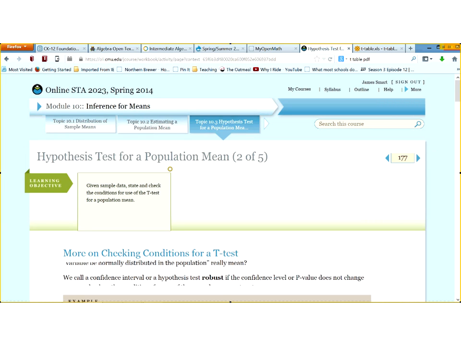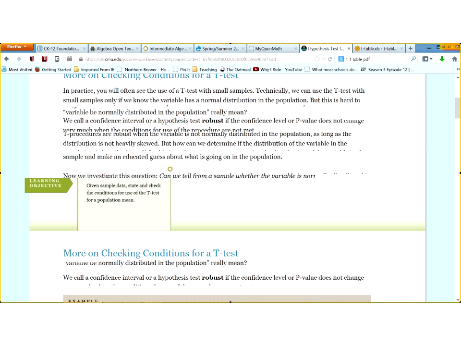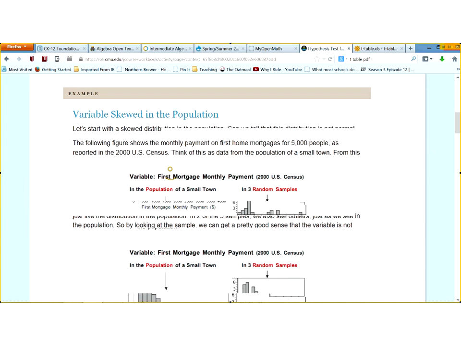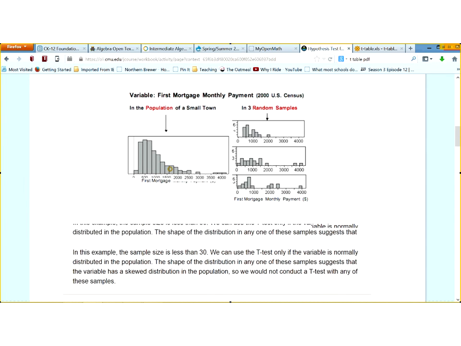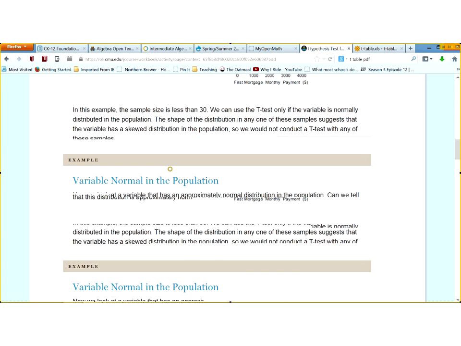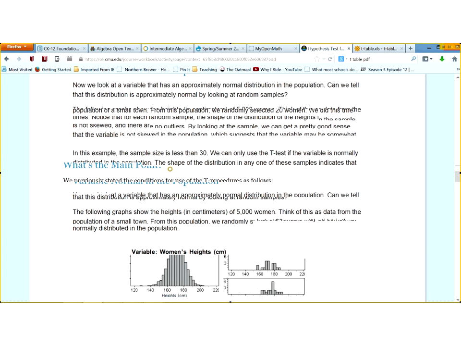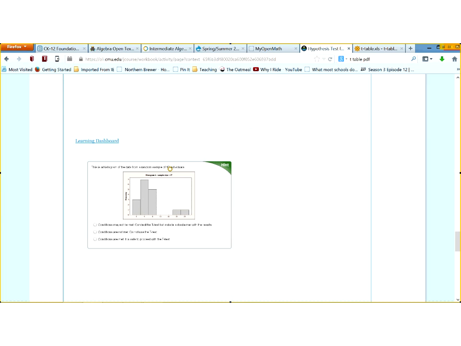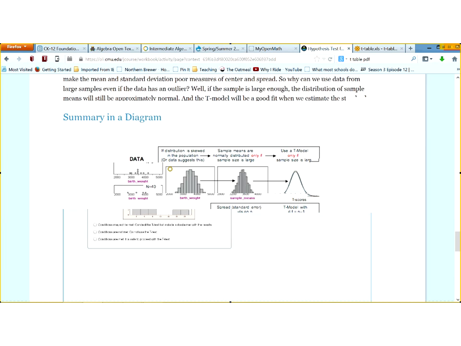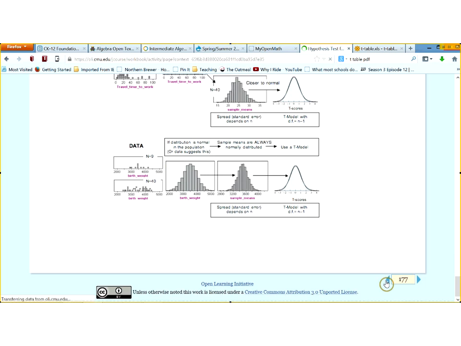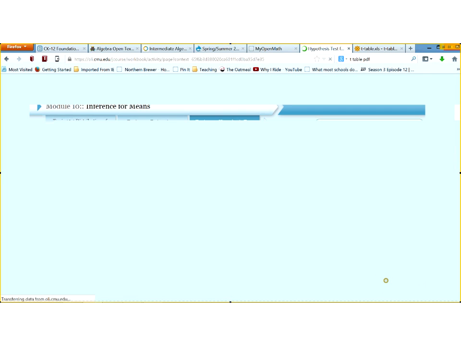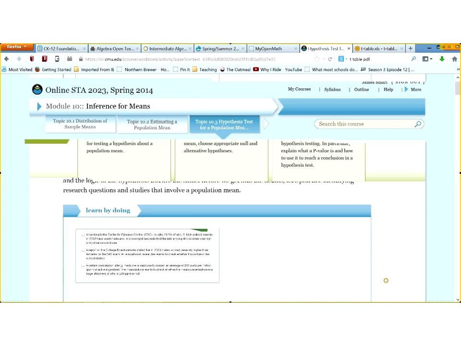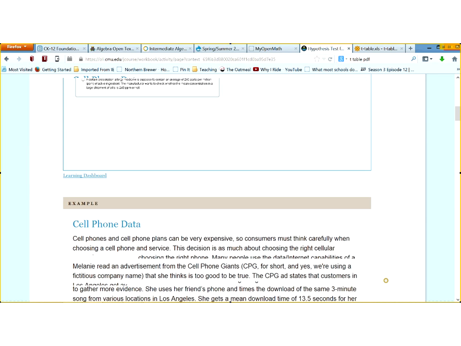We'll talk about matched pairs in a minute. Maybe the hypothesis test was on the very first page. So I think it looks like the second page is more talking about some of the information. All right, here we go.